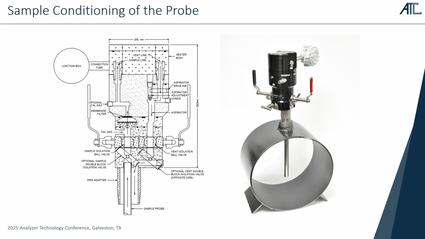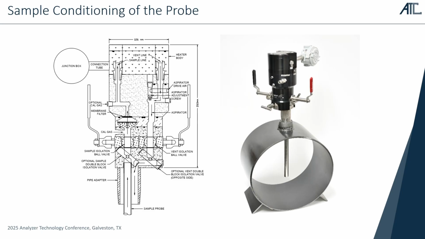One last word. None of this is really applicable if we're too slow or if it can't be done safely or if it's not reliable. So we firmly believe that the sample conditioning should be done at the sample tap point. We've developed a specific probe for that application.